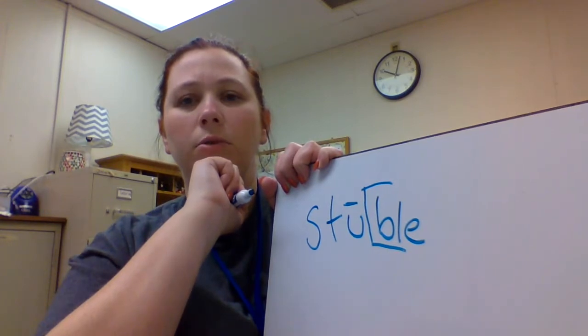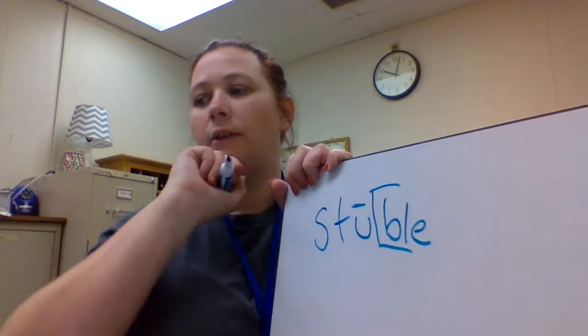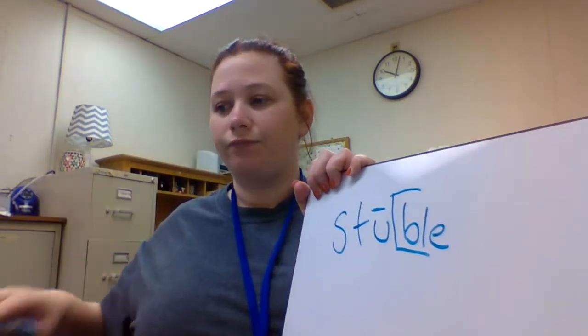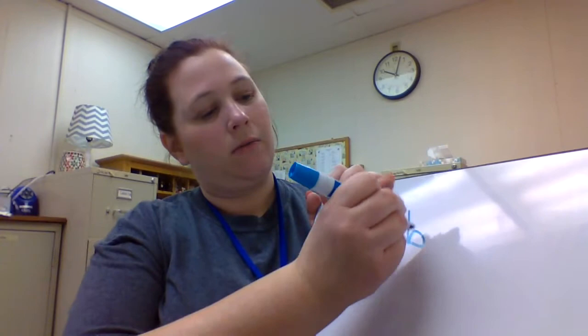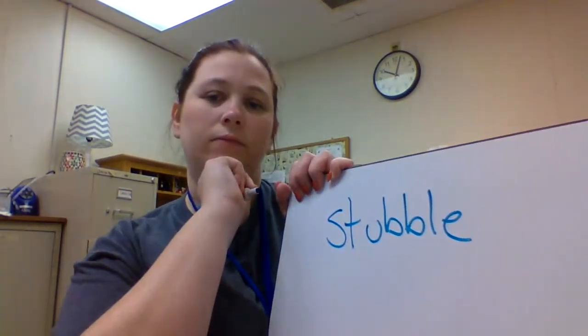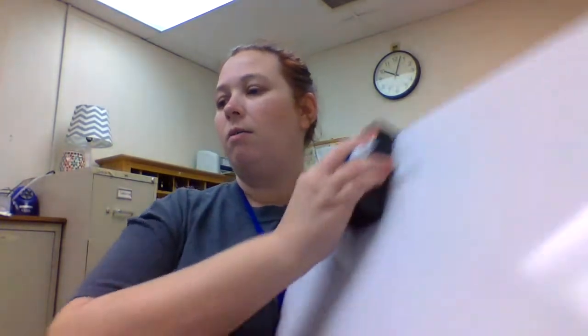Is that the way we want to pronounce it? It's not. So this is how we know that we need another consonant in there. We need that extra B for stubble. All right, let's move on.